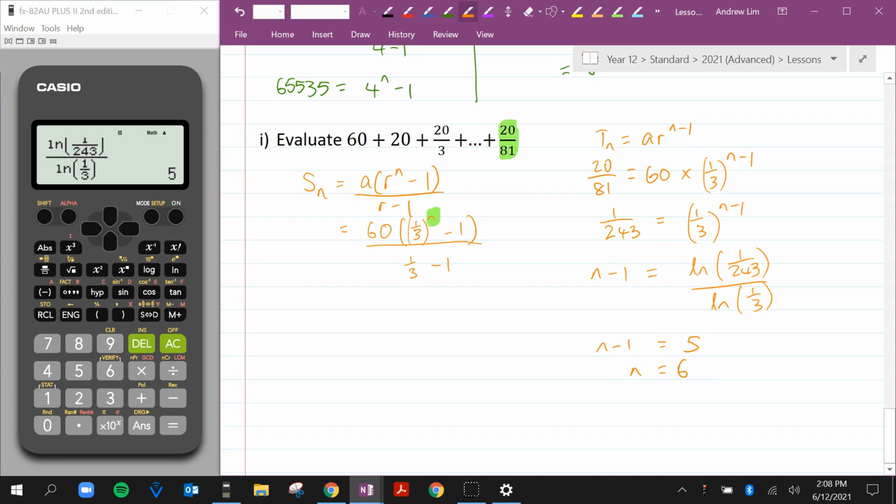Good. Now that we've done that, I can replace this n here with 6. And now we can find the sum, because we know technically there are 6 terms.